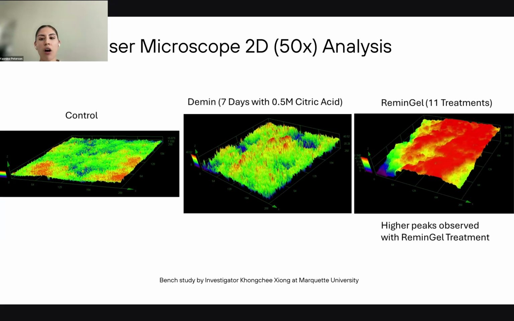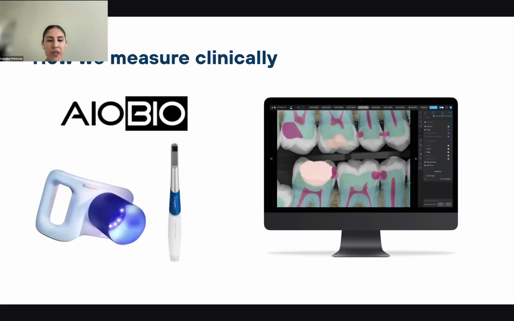And if you look all the way to the left, after 11 treatments of Remingel, we have a lot more red, which is that higher surface, meaning that Remingel has all those minerals to build upon each other. So monetite and brushite, followed by hydroxyapatite and those calcium and phosphate ions. So this just shows how effective Remingel is.